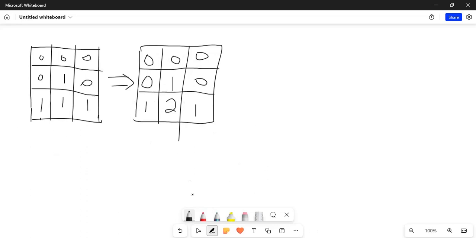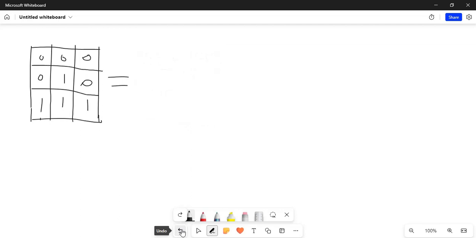Okay, so let's start the approach: how to make this solution. This is your example for solving this problem.